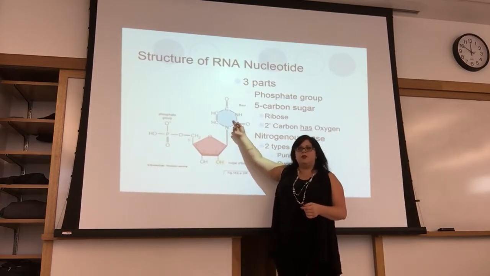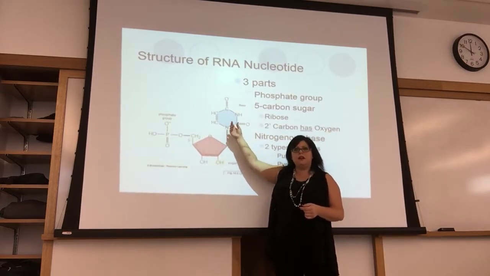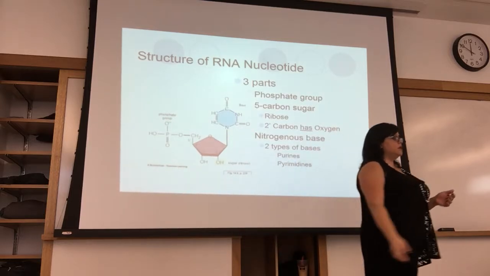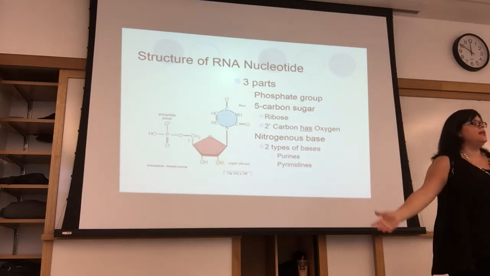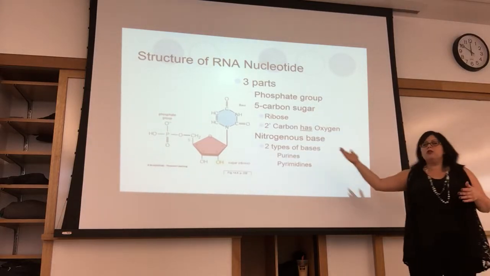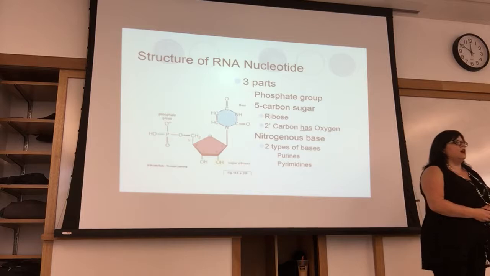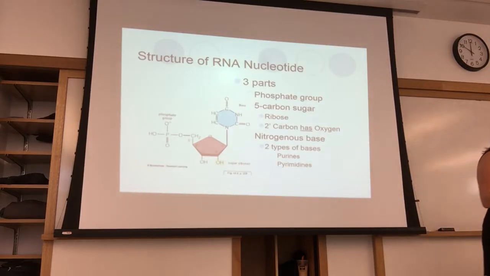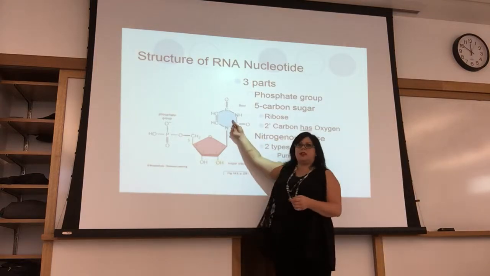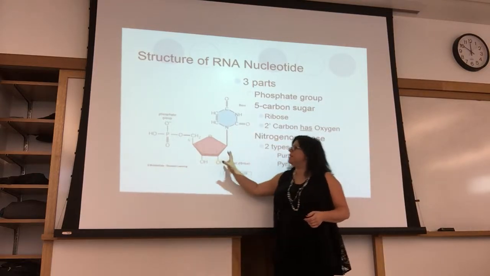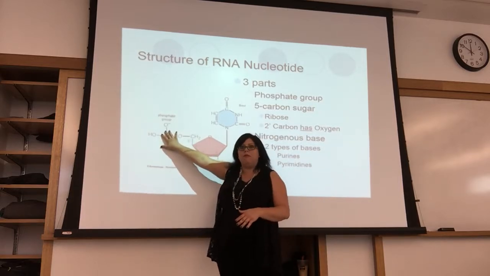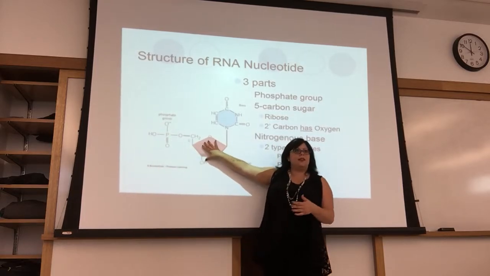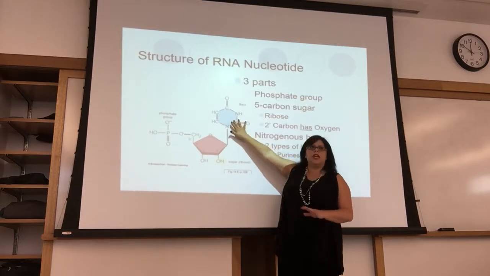This part, the nitrogenous base that's in blue here, that's going to change. That will change depending on if we are looking at an adenine nucleotide or guanine nucleotide or cytosine nucleotide, right? So this part will change. The nucleotide doesn't always have to look exactly like this. This will stay the same, at least in RNA, and this part's going to change.